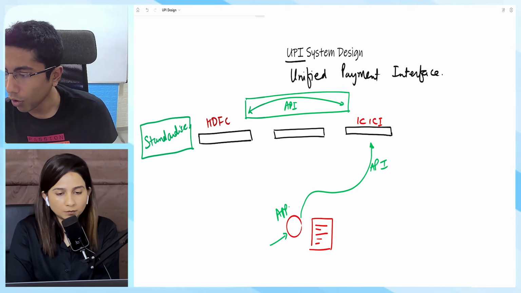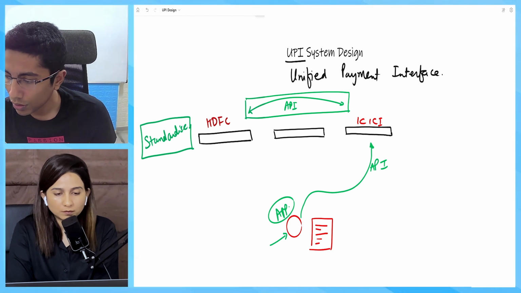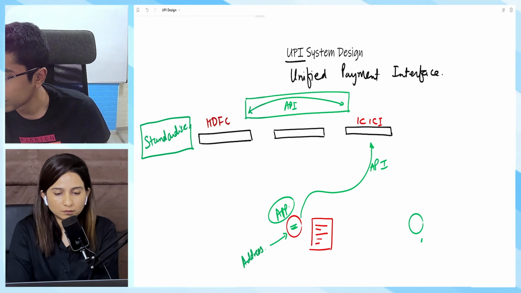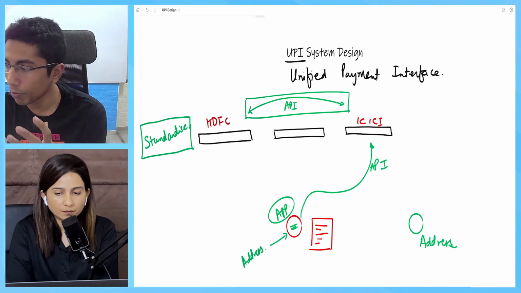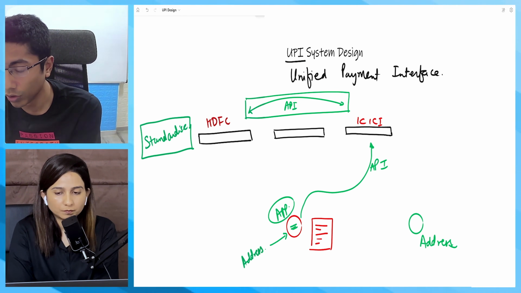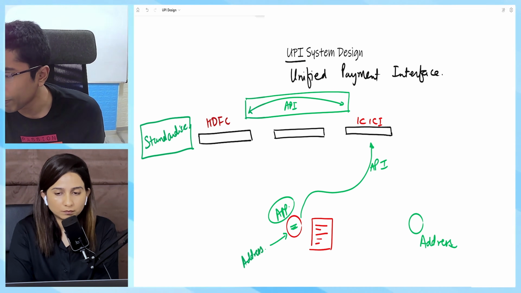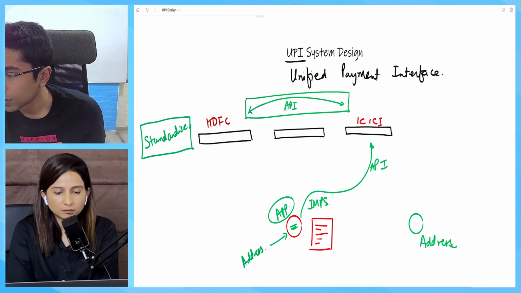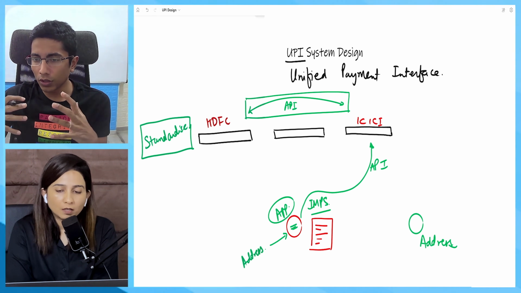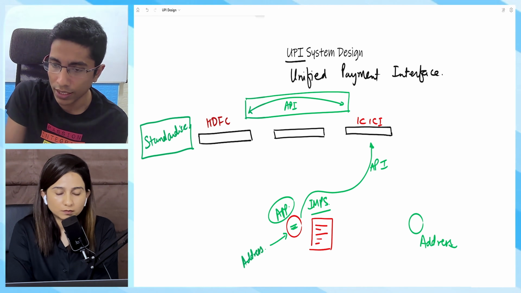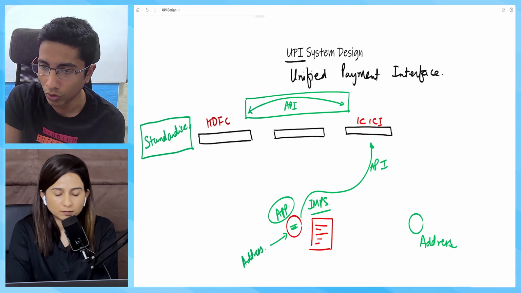So now, using any address, a person can make a transfer to any other address, without being aware of which bank it belongs to. Do you have to transfer it to NEFT? Is it IMPS? I think all UPI payments are IMPS. But a lot of the complexity of the system, usually you are asked, is it an IMPS payment?